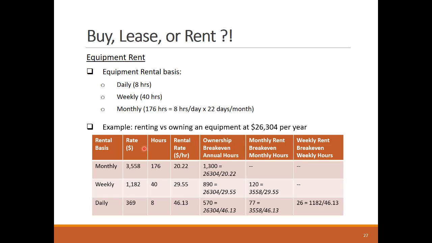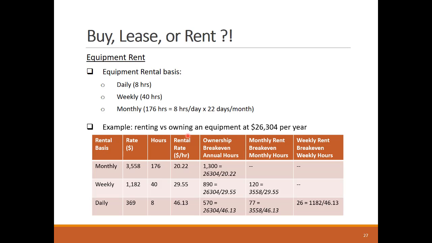We can see here that the continuous rental using a daily basis is more than double the cost of renting it on using a monthly basis. The rest of the table shows the break-even points for equipment ownership or different rental approaches.